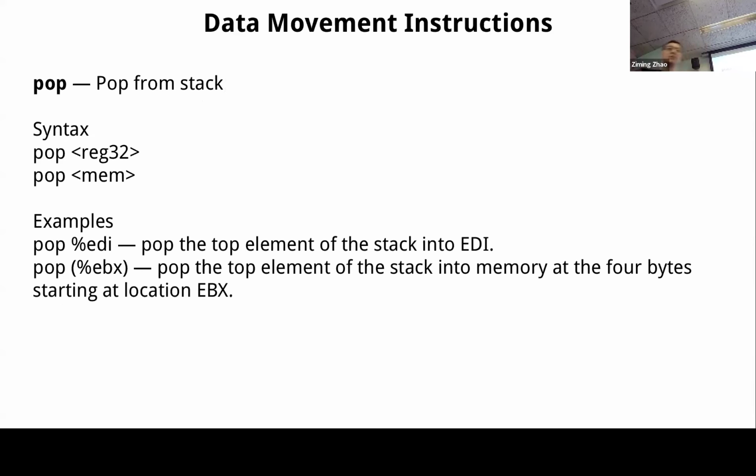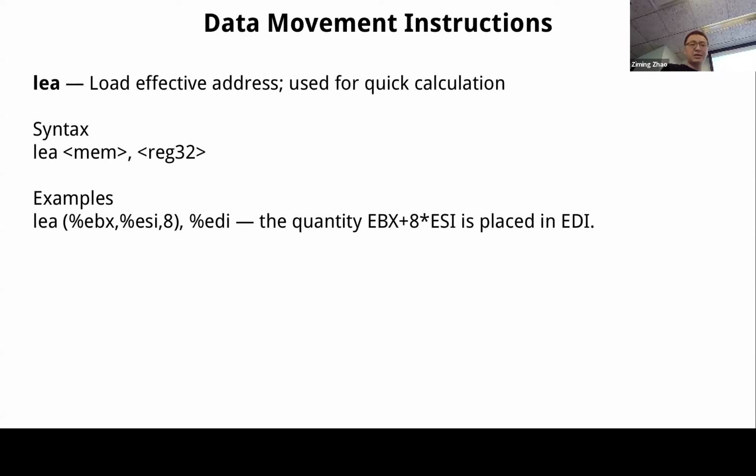Then the operation is called pop. When you pop EDI, you are popping something from the top of the stack to the register EDI. We can talk about this later when we see concrete examples of those instructions. Like I said, we use this a lot in our hacking class.